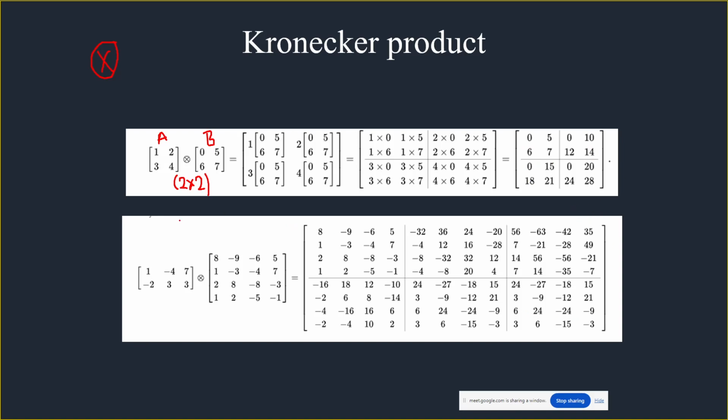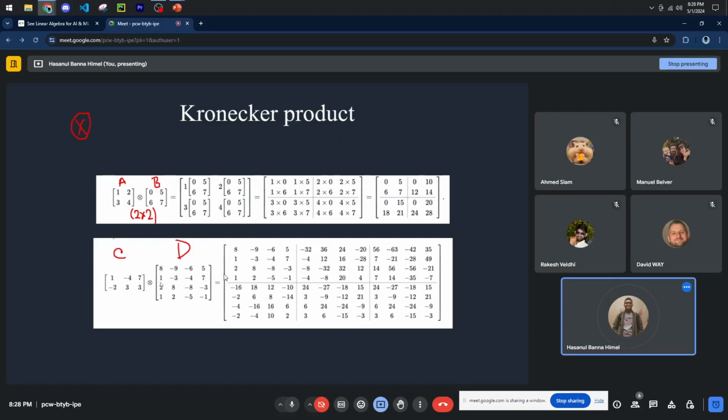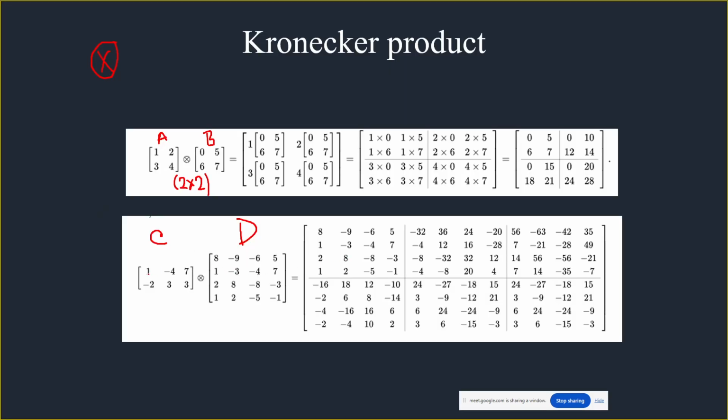Now if we look at another, bigger matrix, let's assume this is C and this is D. We will multiply each of the elements of C with the matrix D. We are doing it with every single element.